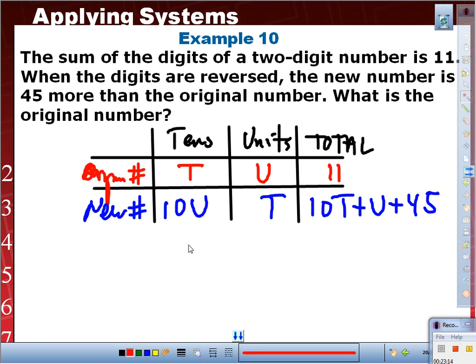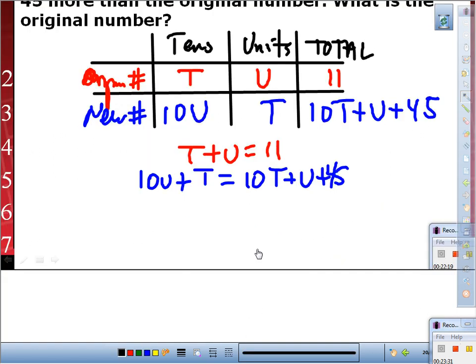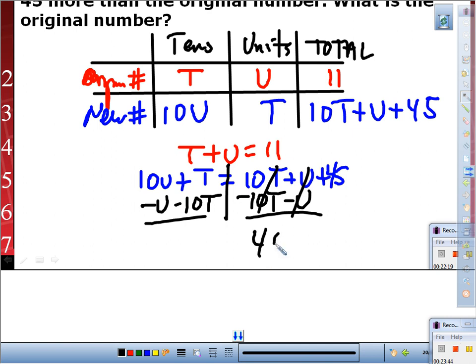So my system: T plus U equals 11, and 10U plus T equals 10T plus U plus 45. From there, we cannot leave the second equation like that, so we bring all variables to one side. Minus 10T and minus U, minus 10T. We're left with 45 on this side equals 9U minus 9T.